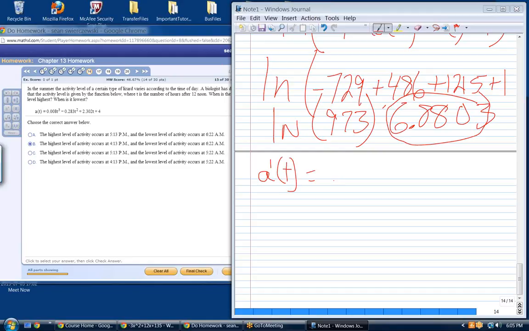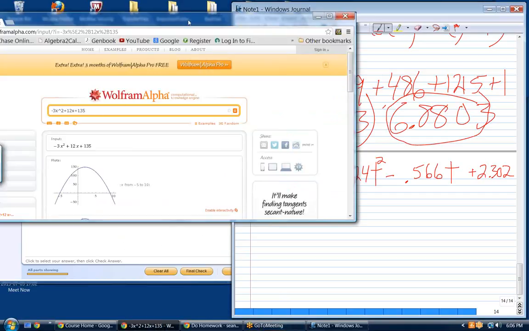That'd be 0.024 t squared minus 0.566 t plus 2.302. So we want to find out where this is equal to 0. Let's let Wolfram Alpha help us.